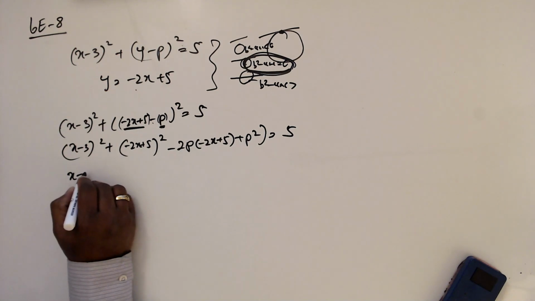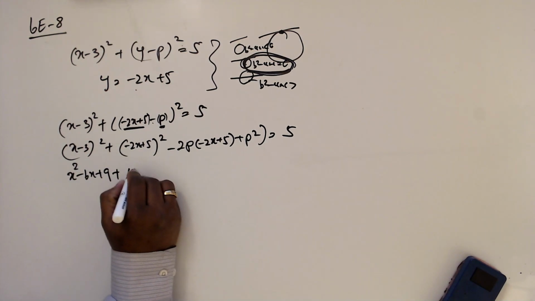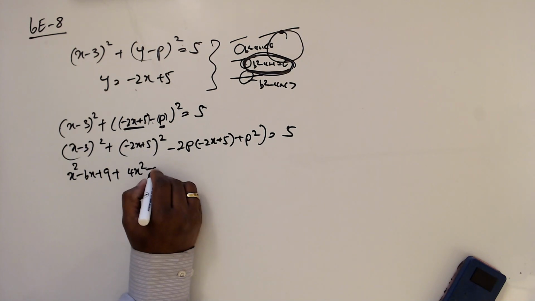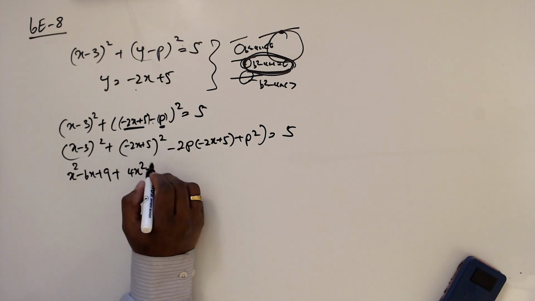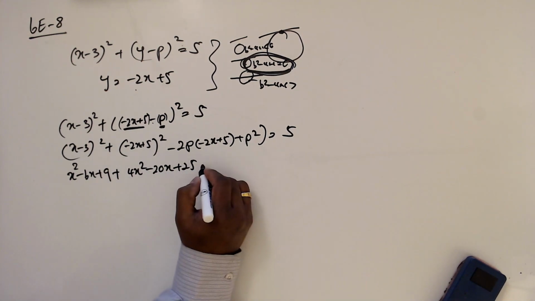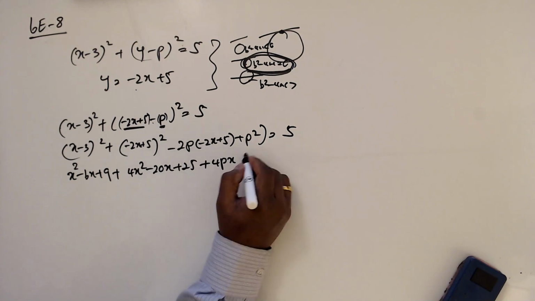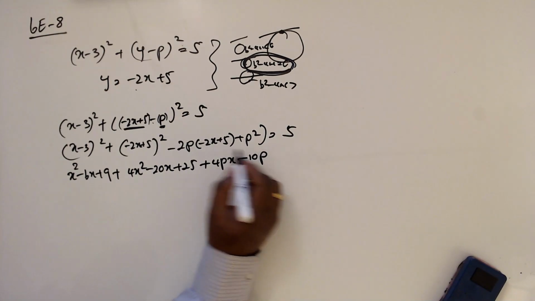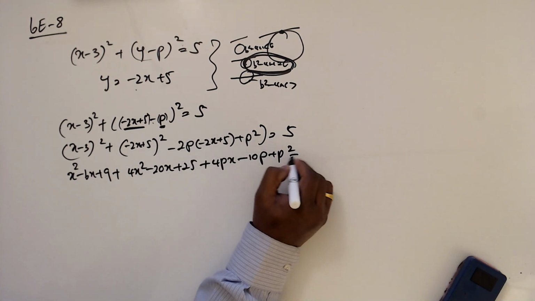Now x² - 6x + 9, plus 4x² - 20x + 25, because 5 times 2 is 10, 10 times 2 is 20, plus 4px - 10p plus p² equals 5.